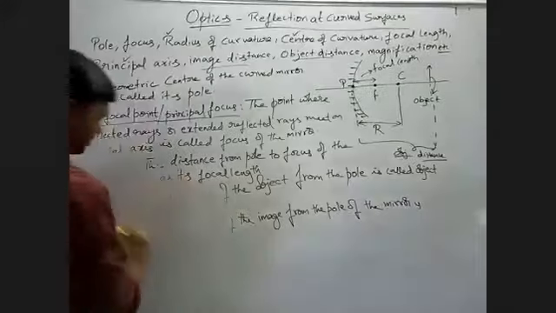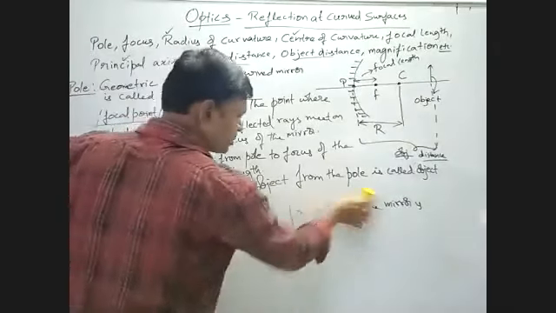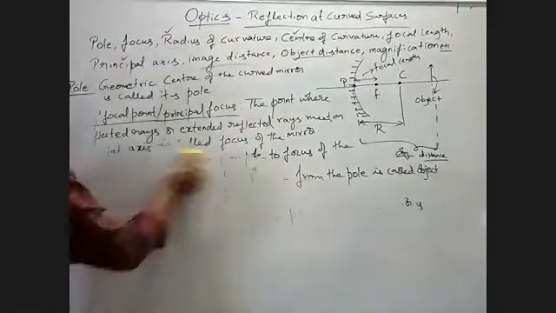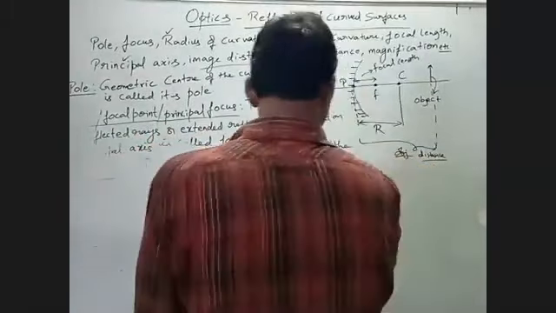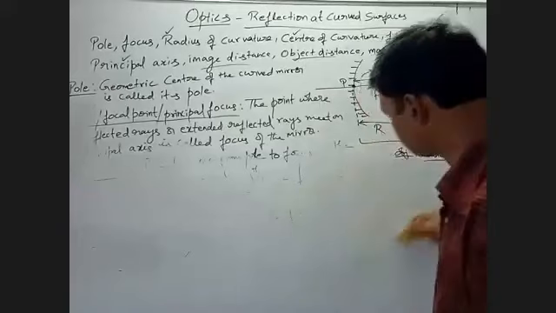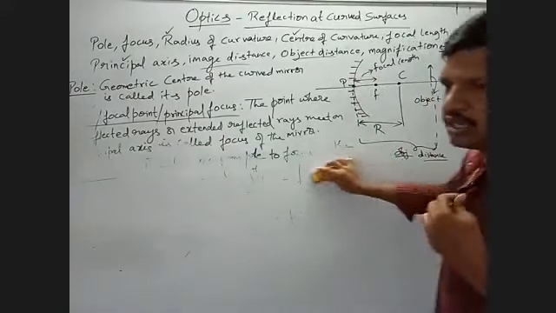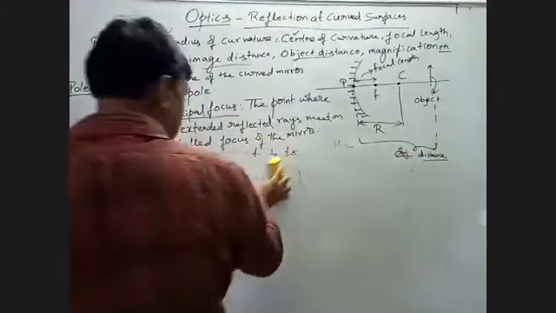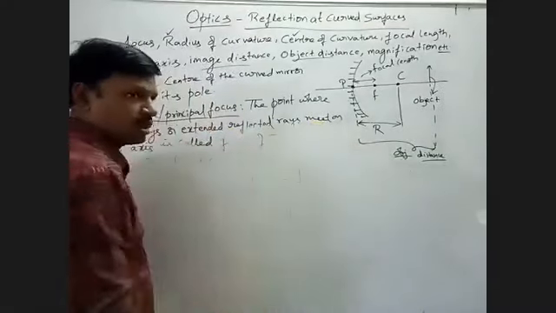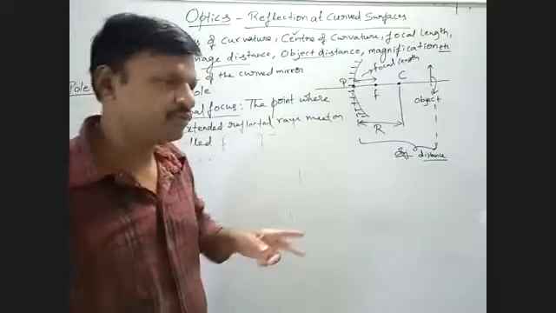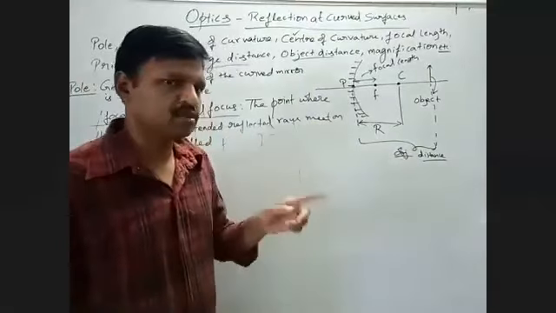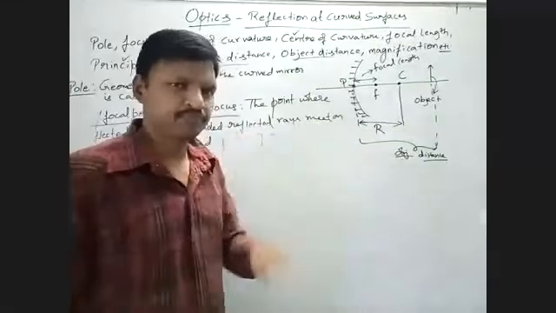Magnification is defined as the ratio of the height of the image to the height of the object. Or otherwise, it is also defined as the ratio of the distance of the image to the distance of the object.